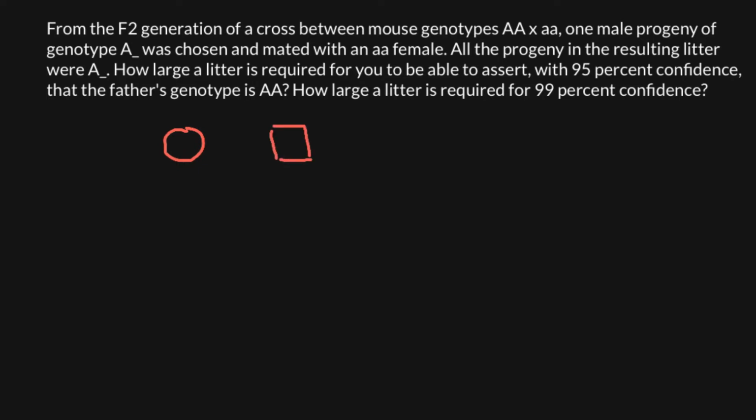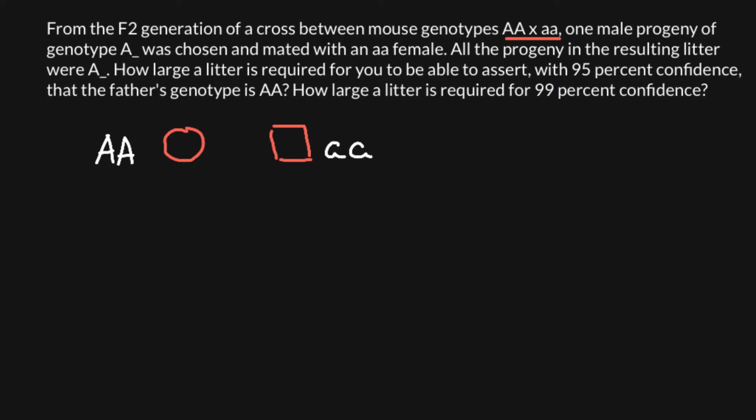What we know about this generation is that the cross is between a homozygous dominant and a homozygous recessive, but we don't know which mouse is female and which is male, and we don't care. So we can say that the female can be, for example, homozygous dominant, and the male homozygous recessive.